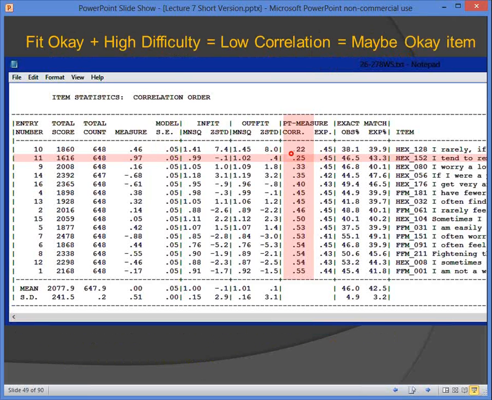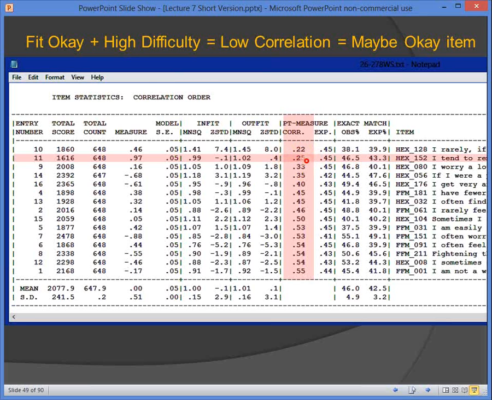Now, because we're not just looking at the point measure correlation, we come up with these funny situations, and there are some subtleties, there are some nuances here that you have to understand. We come up with these situations in which the correlation of the item with the scale is actually somewhat low, and we wonder whether we should keep the item or reject it simply on the basis of the item scale correlation.